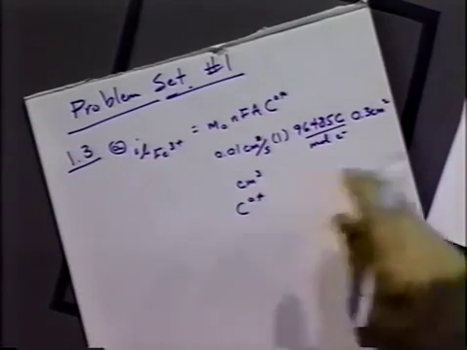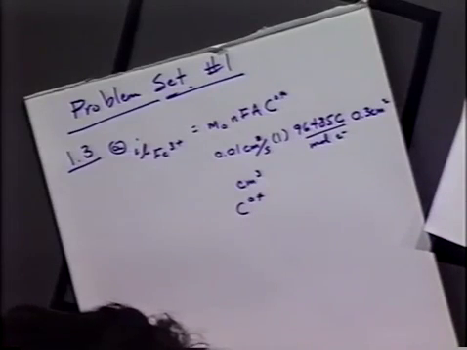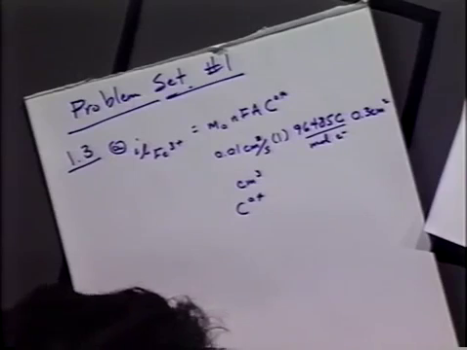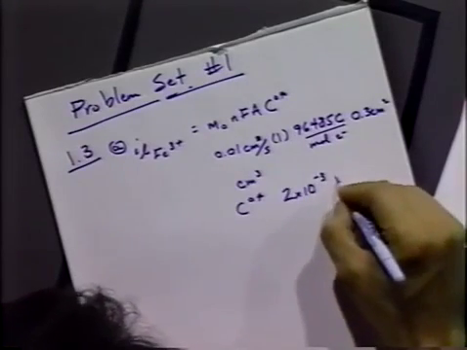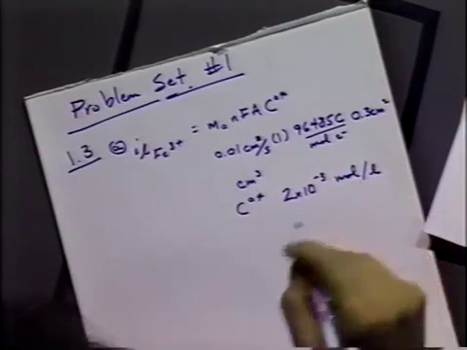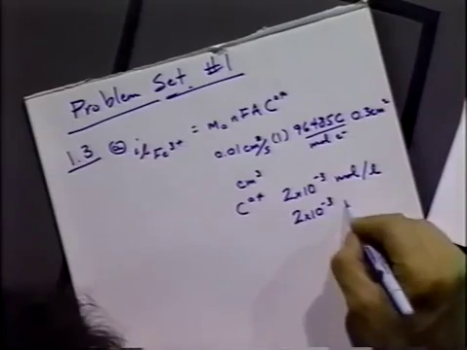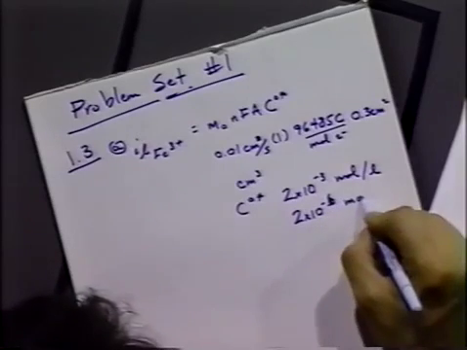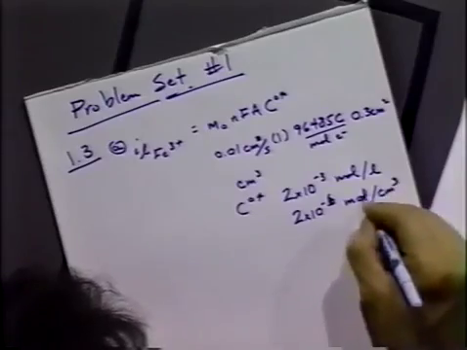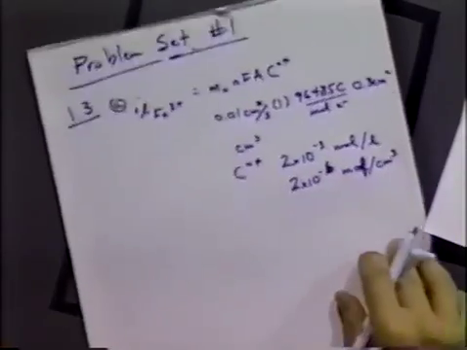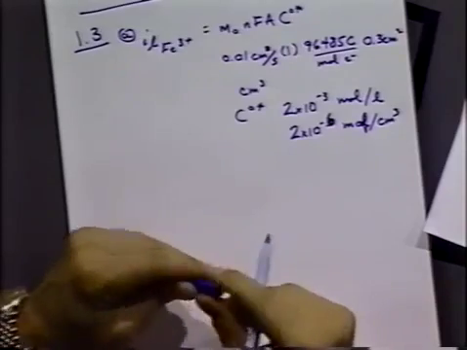So C sub 0 star is the concentration of iron 3 plus, which was 2 times 10 to the minus 3 moles per liter. But if you do the math, you'll see that it's 2 times 10 to the minus 6 moles per cubic centimeter. There's a factor of 10 to the third in that system.